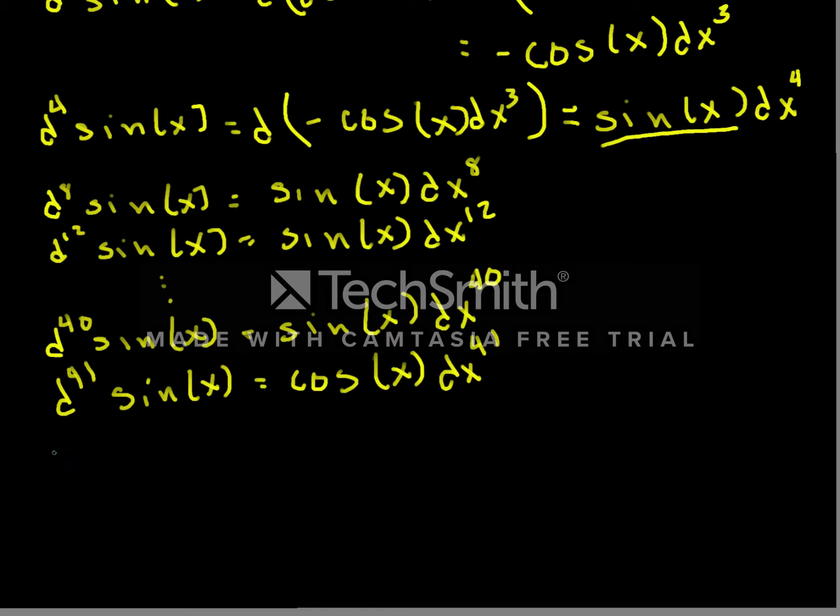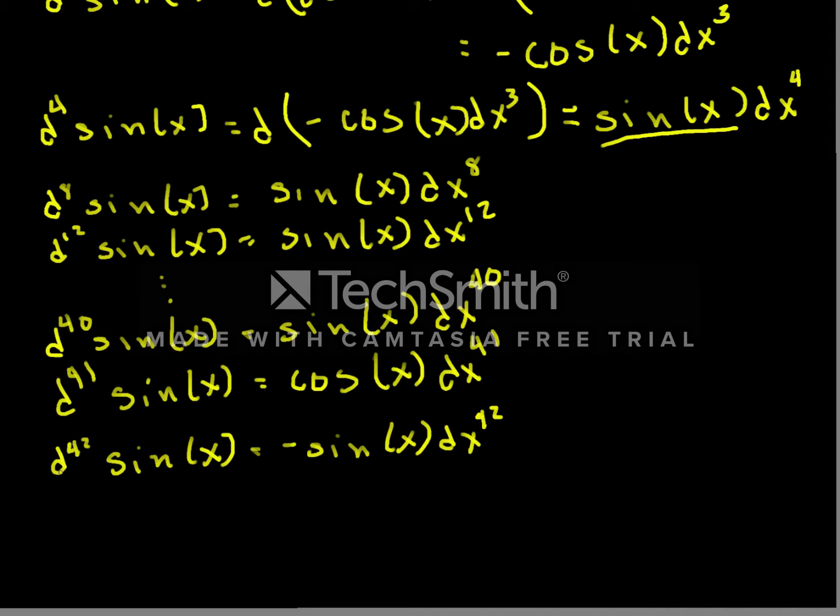The 42nd differential of sine, well, it's the derivative of this, so cosine goes to the minus sign, so minus sine of x, and it's dx to the 42nd.